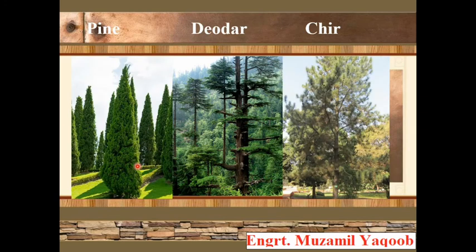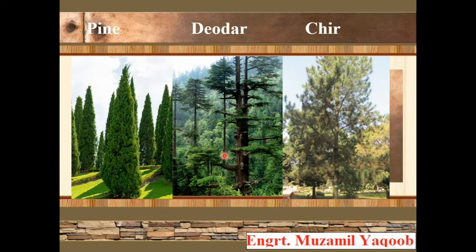In this slide you can see different snaps of trees. The first one is pine trees, so you can see how pine trees look. In the second picture these trees are deodar trees. This type of tree is normally seen in the northern parts of our country.